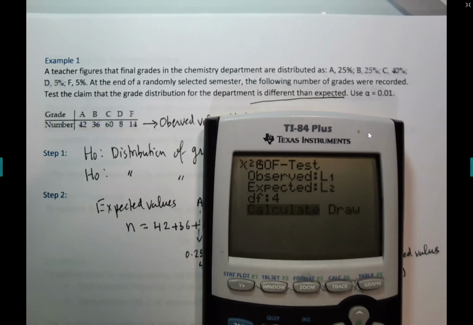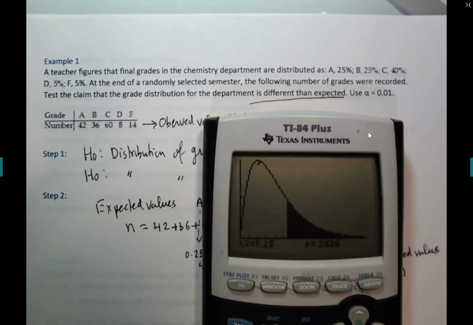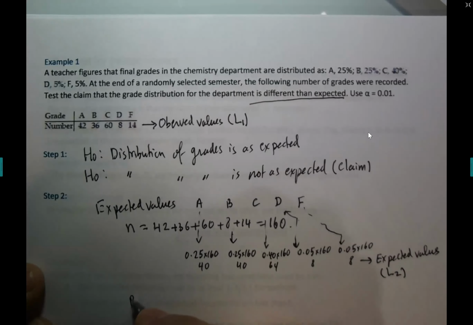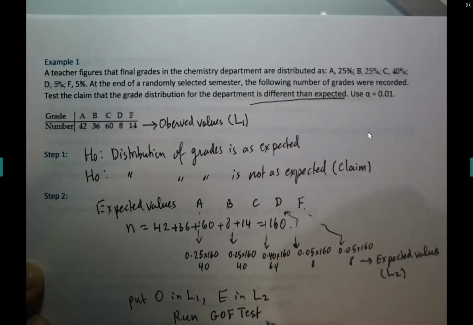And let's hit Draw if you like. See, I told you it's a right-skewed chi-square distribution. Chi-square is 5.25. And the p-value is 0.2626. I told you we're not going to reject H0. Put O in L1, E in L2, and run the goodness of fit test.